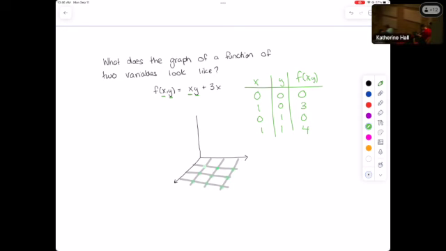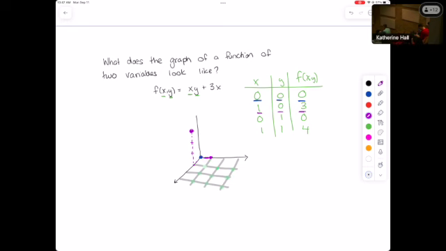And so for each of these, I can go to 0, 0 in my domain and then go up to a height, a z value of 0. So that's my first point. 1, 0, 3. So I go to the point 1, 0 and then go up a height of 3. And that's my point. 0, 1 was also 0.